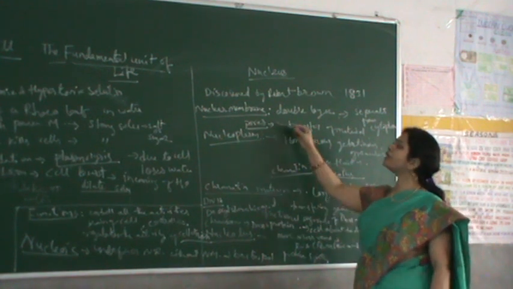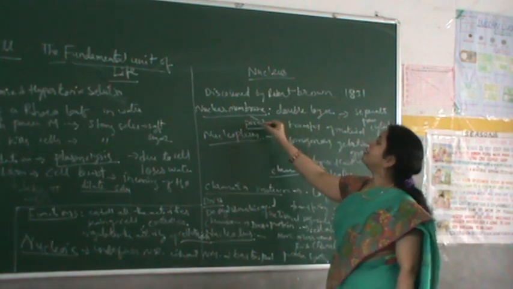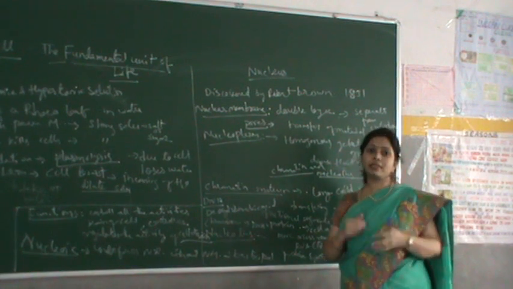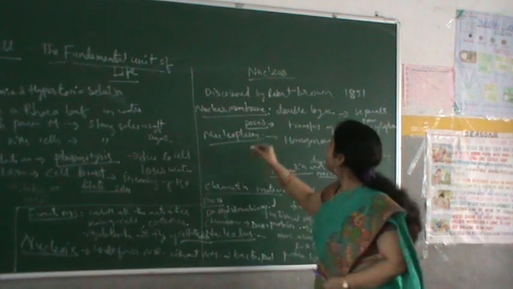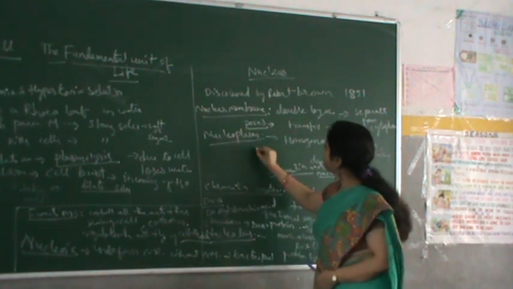Now we will take each one by one. The nuclear membrane is double layered. When you observe the nuclear membrane, it is a double layer having pores.